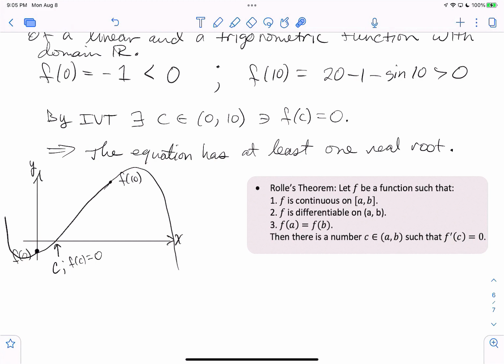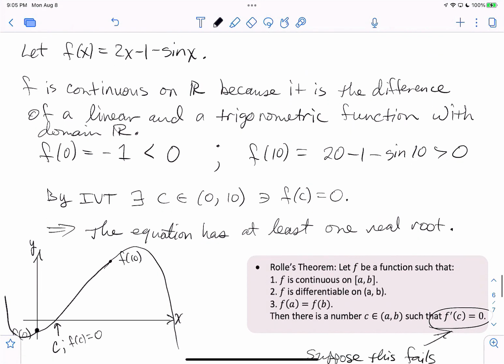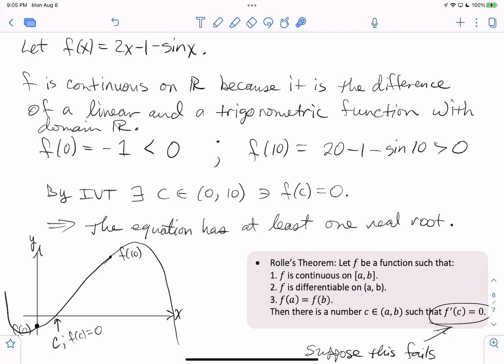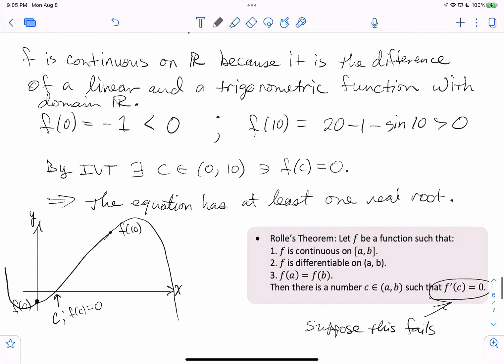So what if I could show that there was no place where there was a zero derivative? Suppose this fails. Look at the function we're talking about. It's the difference of a linear function and a trigonometric function that has a domain of all real numbers. This is continuous. This is differentiable. We see that f is continuous and f is differentiable.